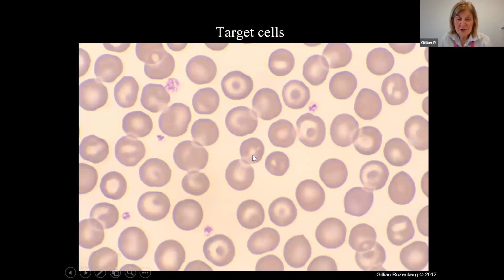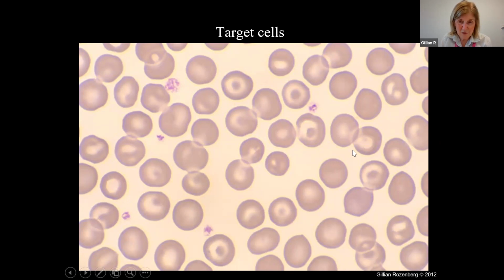For example, should you be working in a laboratory, perhaps where it's not air conditioned and you're making your films manually in a cabinet? If you don't dry those slides or those cells on the blood film really quickly, you will get an artifact.